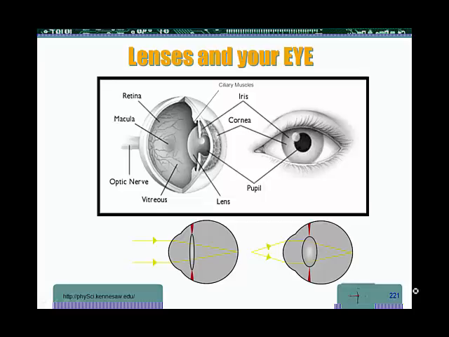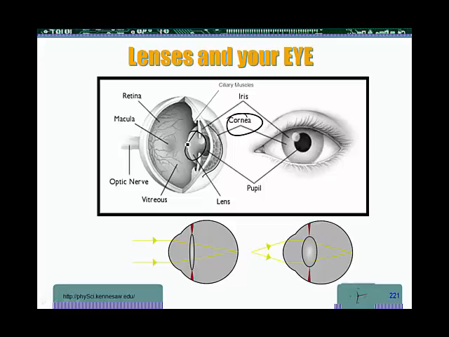One of the most impressive optical instruments is the eye. The human eye is a particular example. The eye has two major lenses: what we call the cornea, that's the outside of the eye, and what we call the lens.